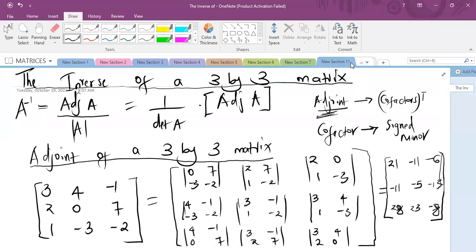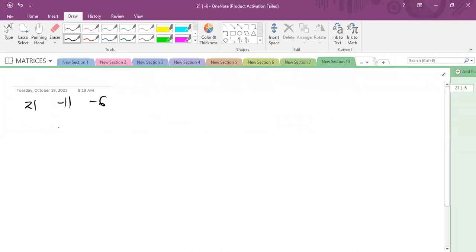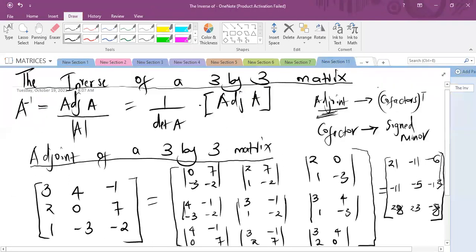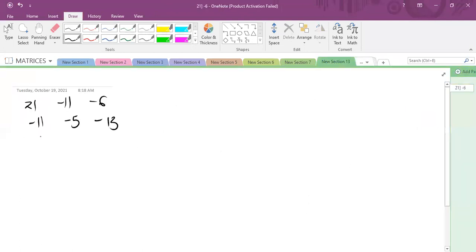Minus 11, minus 5. 28, 23, minus 8. I hope I've copied it correctly.